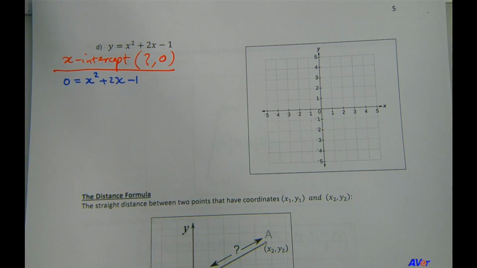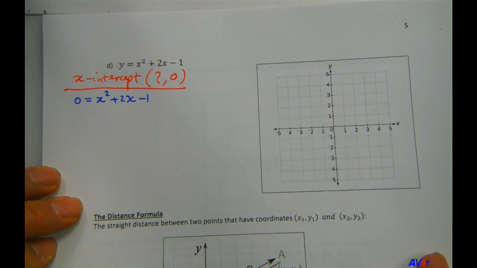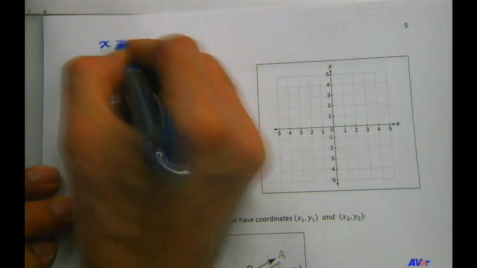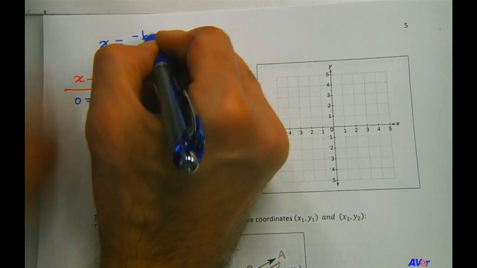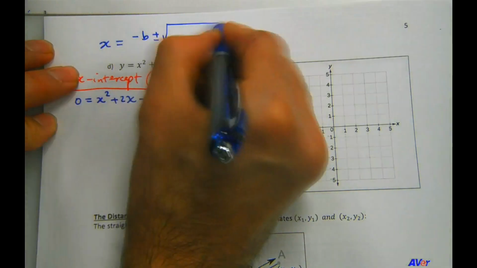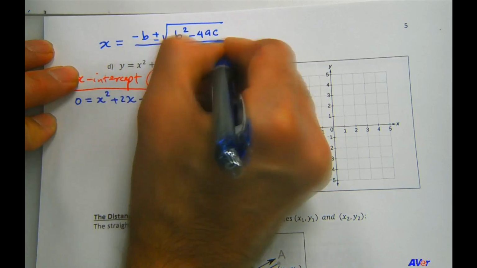Well, we're going to apply the quadratic formula. Remember the quadratic formula? You need to remember and memorize it for this course. So the quadratic formula is x equals minus b plus or minus square root of b squared minus 4ac, over 2a.